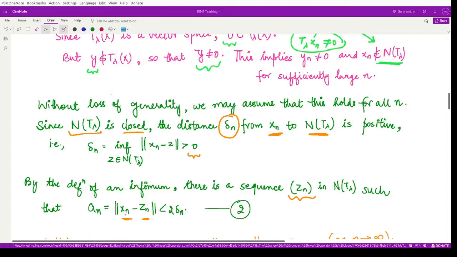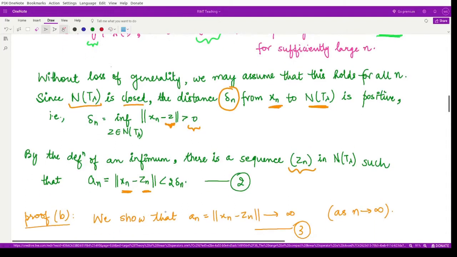Because we are talking about this infimum and we are taking the distance of xn with z, we would say there is some sequence Zn in the null space of the operator t lambda such that the distance between xn and Zn, which we are calling an, is strictly less than 2 times delta n. Right? So this is one thing.